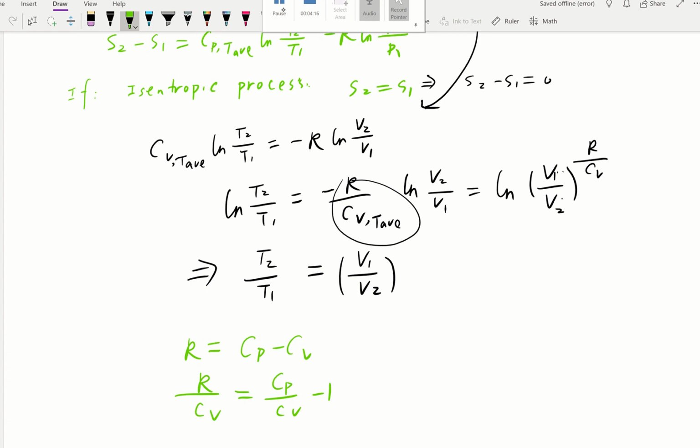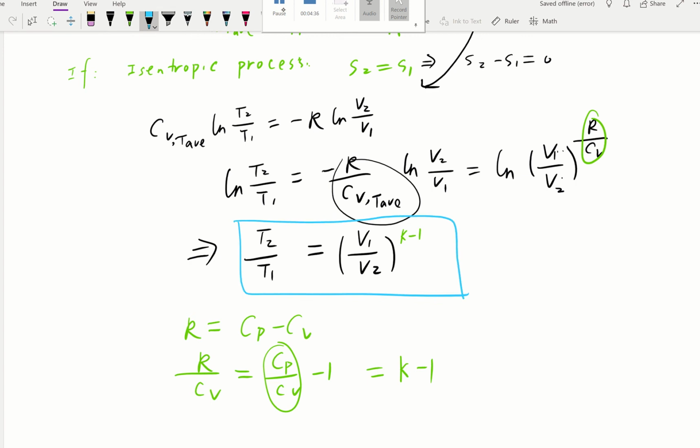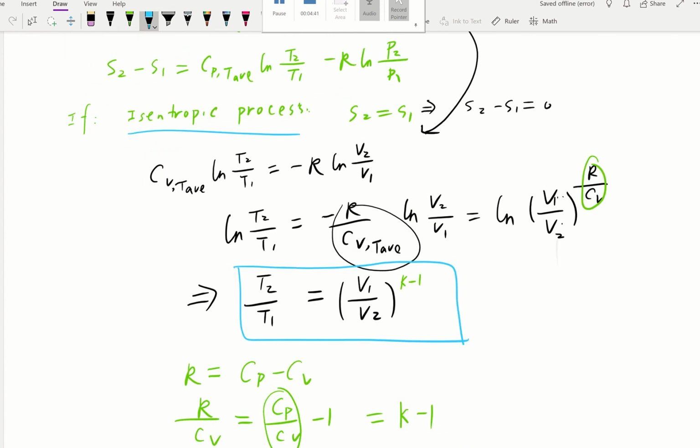And what's Cp over Cv? That's our specific heat ratio, our k value, so k minus 1. Knowing that, we can come back and simplify this exponent to be k minus 1. Voila, we have the first equation for isentropic process of ideal gas.